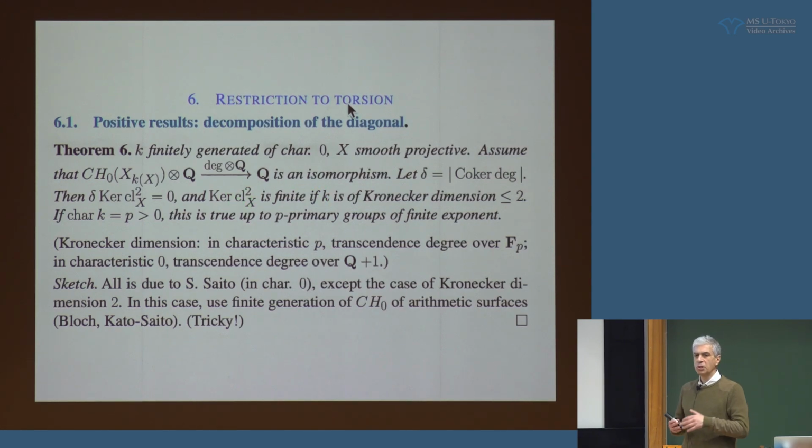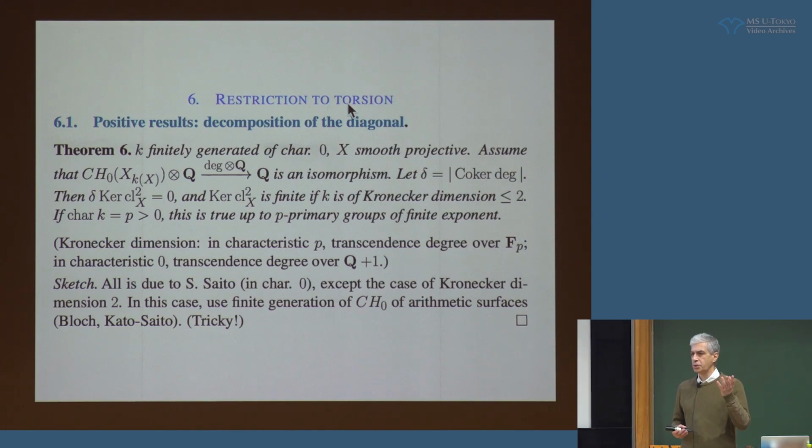So morally, when you have such a degenerate situation, it drops the complexity by 1, which means Chow^n of X behaves like Chow^(n-1) of some other smooth projective variety. But it's very rough. It's, let's say, tensor Q. So there's a chance for such a variety to be able to get some positive results for Chow2.